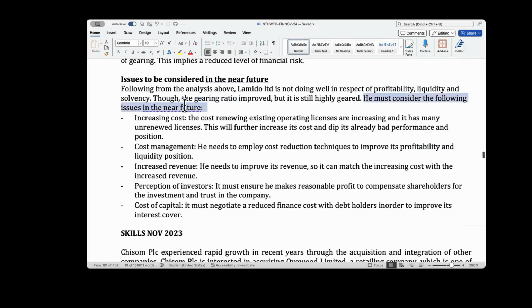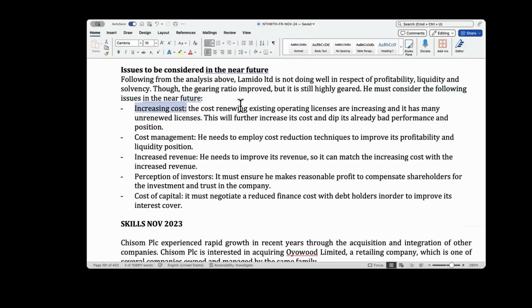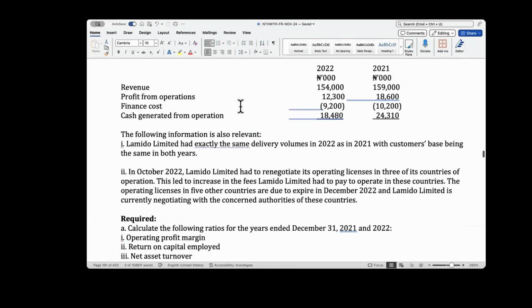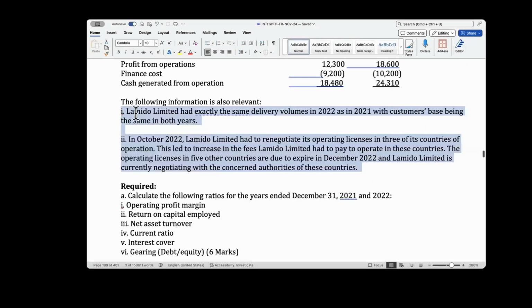Number one, increasing costs. I got those points from these two paragraphs. Number one, delivery volumes didn't change, and it is renewing its licenses in 3 countries. And they said it has resulted in an increase in fees, and he has to operate in these countries.